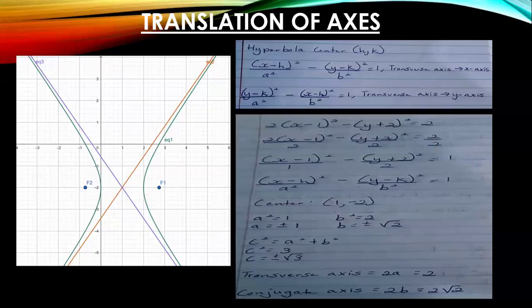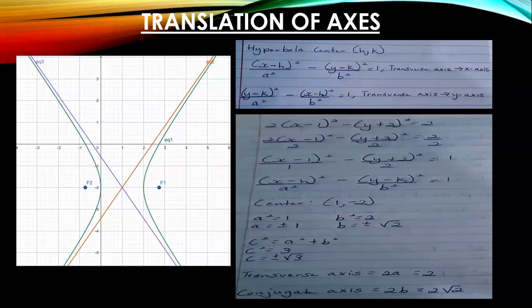So we'll have 1 there. Now we're left with (x minus 1) squared divided by 1, minus (y plus 2) squared divided by 2, equals 1. That is the standard form, and you can do your comparison. It looks the same.